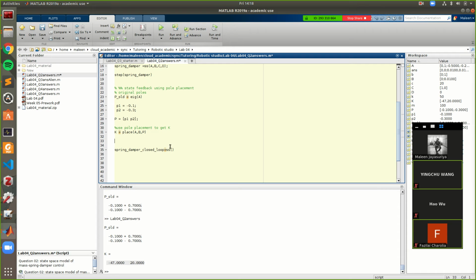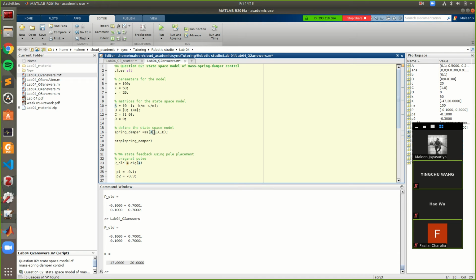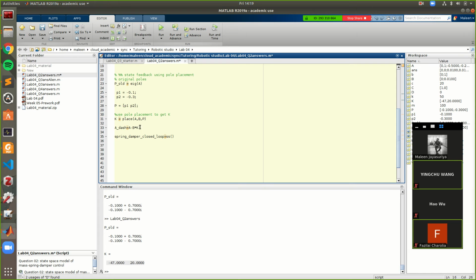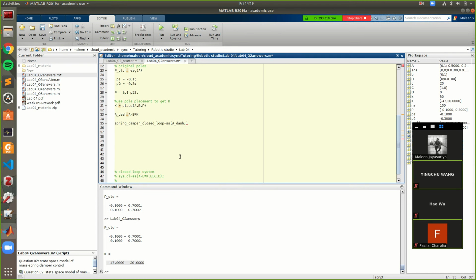So how does the SS function work? You put the A matrix, the B matrix, the C matrix, and the D matrix, right? So what changes when you add a closed loop system is your A matrix changes to A minus BK. So instead of A, our closed loop system will have A dash and then B, C, D.